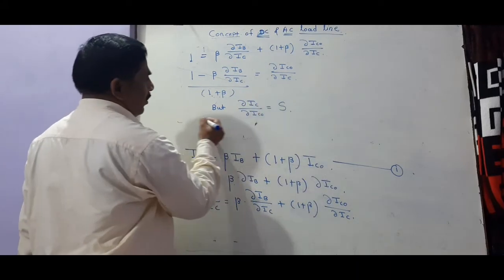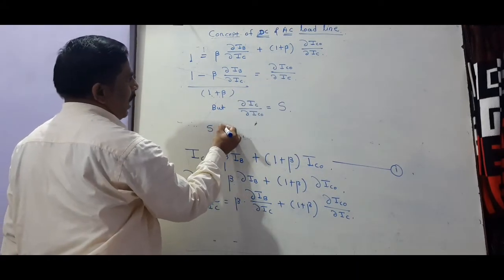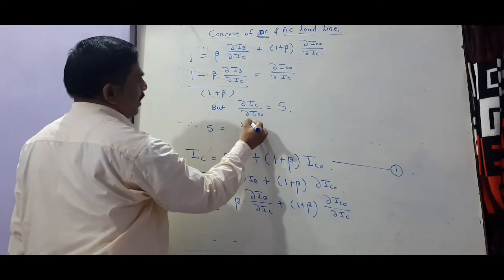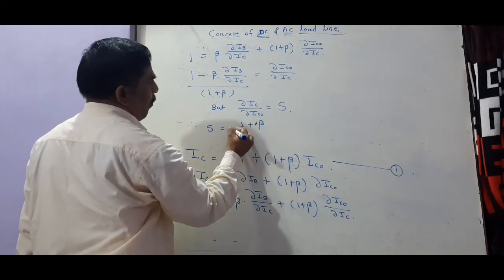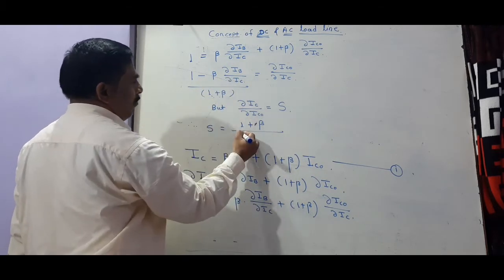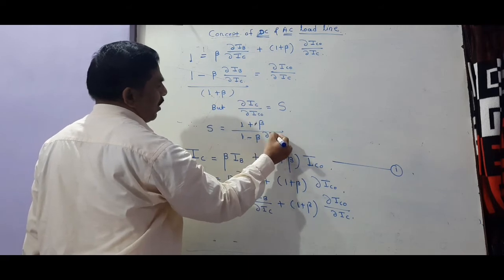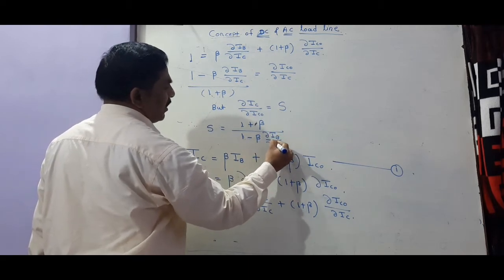Therefore S is equal to (1 + beta) upon 1 minus beta into delta IB upon delta IC.